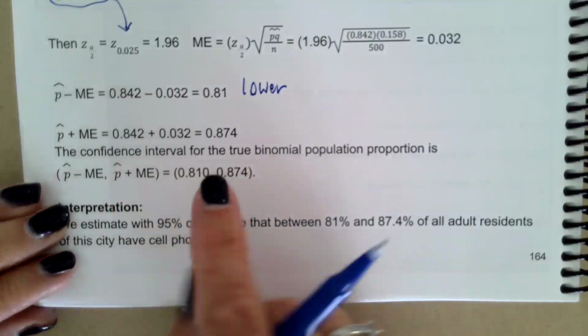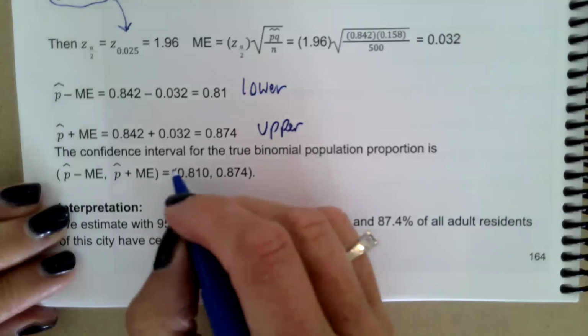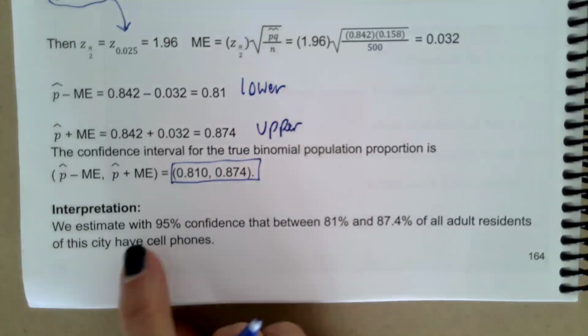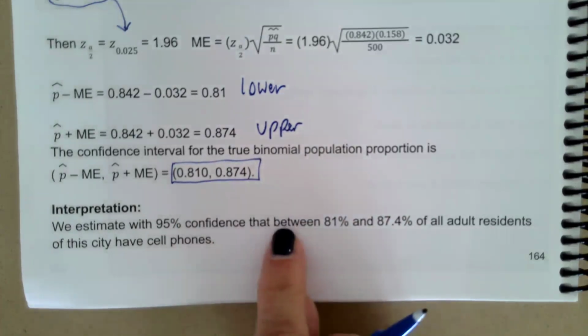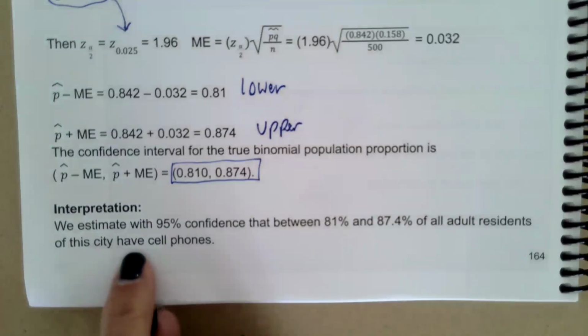So here's my lower and upper boundaries of my confidence interval right here. And we would interpret this by saying, we estimate with 95% confidence that between 81% and 87.4% of all adult residents of the city have cell phones.